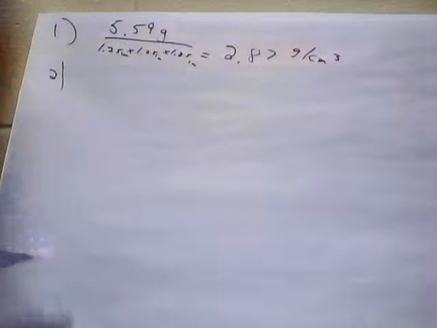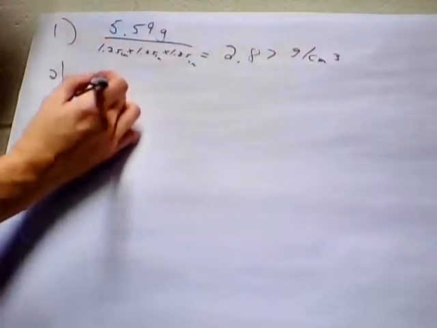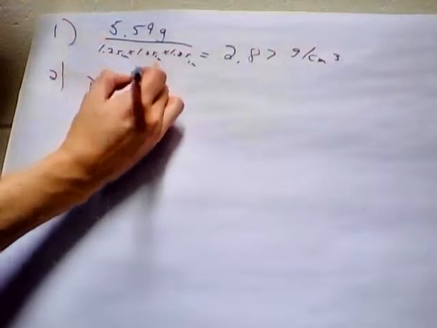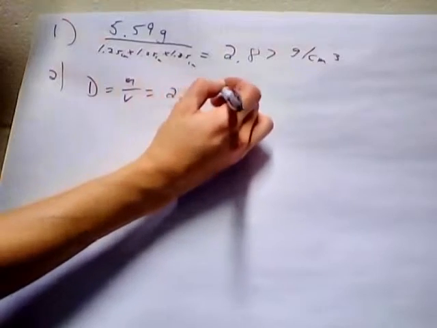So calculation number 2, volume of the aluminum foil sample. I know the mass of the aluminum foil was way, way, way less than the mass of the cube. I do know, though, the density is the same, so the density equals m over v, and I am using my 2.87 grams per cubic centimeter.